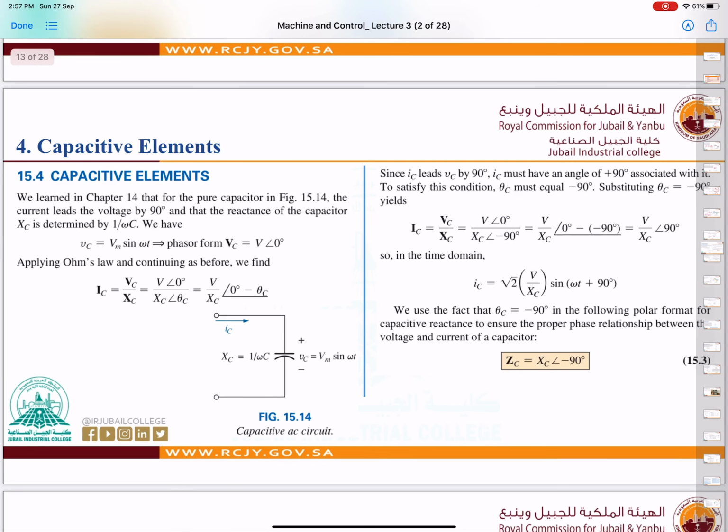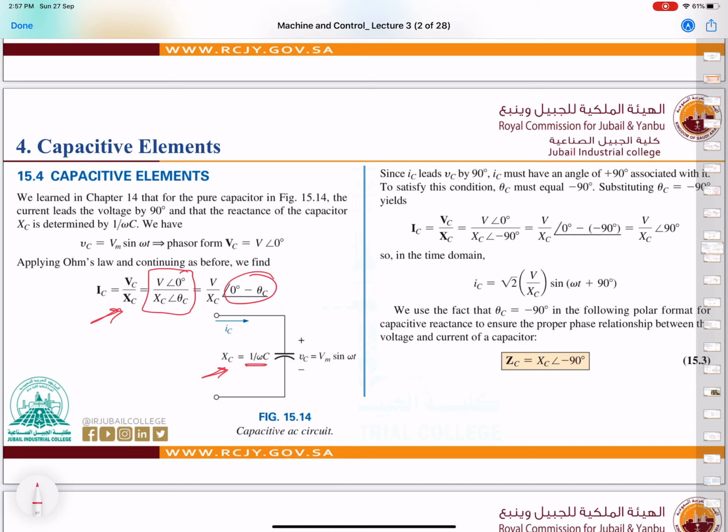Now, for the capacitive element, we know that by applying Ohm's law, we find V over XC, and if we divide angles, we find that they are in minus. Inshallah, we are going to take some examples. XC is equal to 1 over omega C. This we already know.